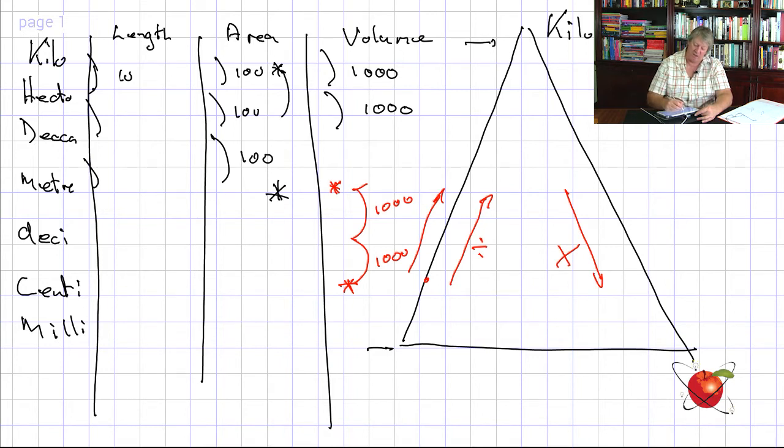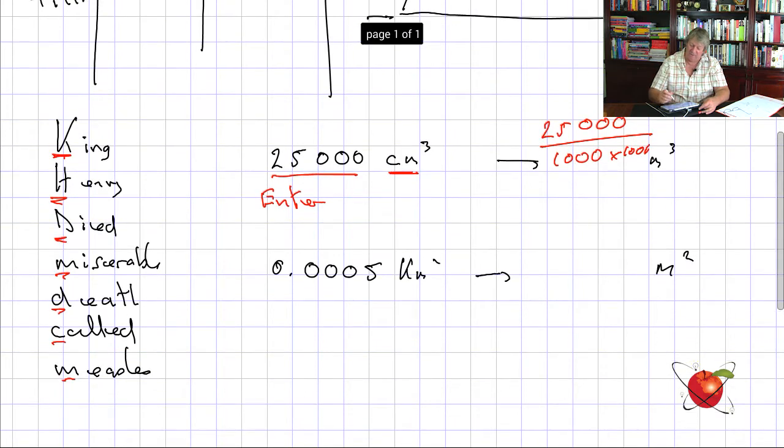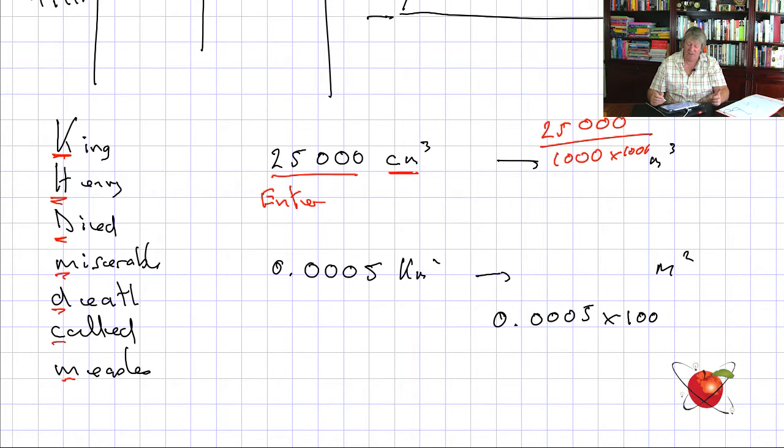So we are going 1, 2, 3 steps. Can you see that? Kilo to hecto, hecto to deca, deca to meter. So we're going down 3 steps. We're going down, so we multiply. We say it is going to be 0.0005 times 100, because it's area now, times 100 times 100.